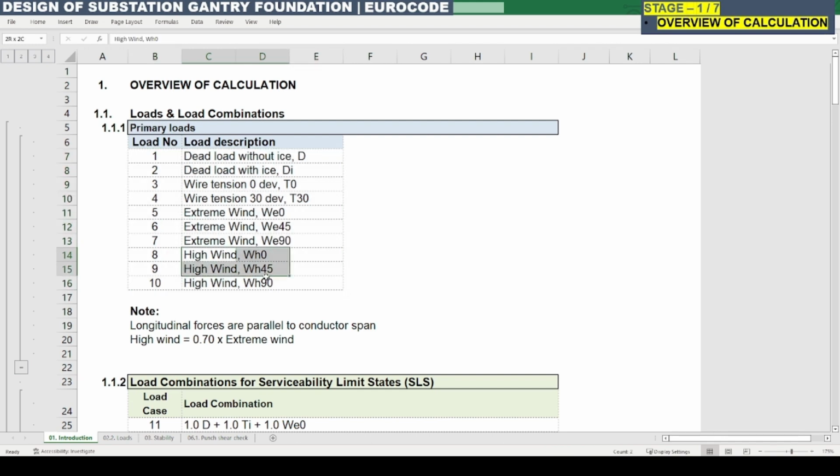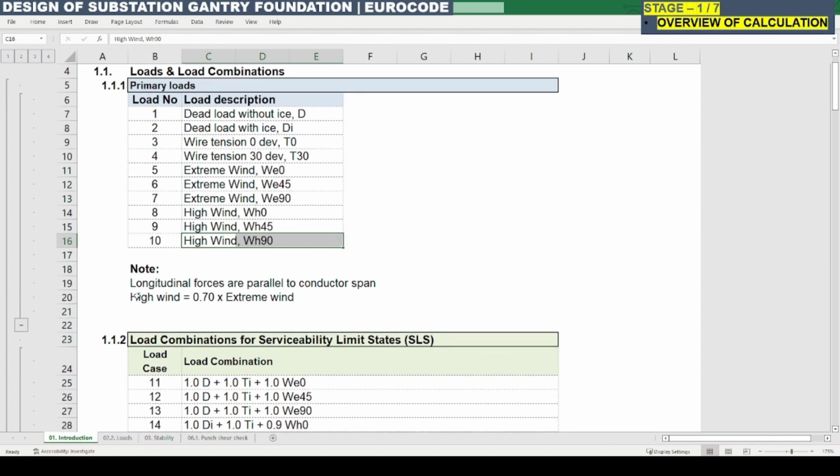Similarly for high wind, we also need to consider three directions or three angles of wind: 0, 45 and 90 degree. 0 is parallel to the conductor and 90 is perpendicular to the conductor. So always the longitudinal forces are parallel to the conductor span. Longitudinal forces means the forces at 0 degree, which we need to consider as parallel to the conductor.